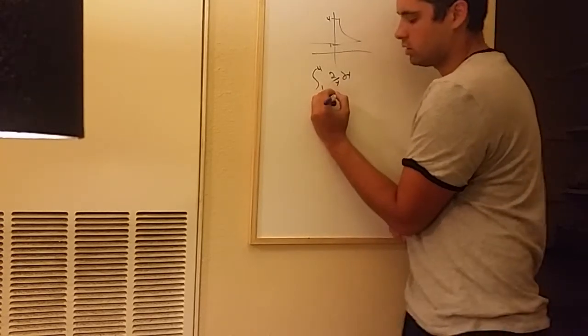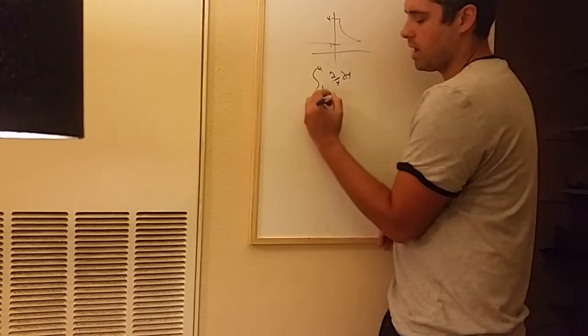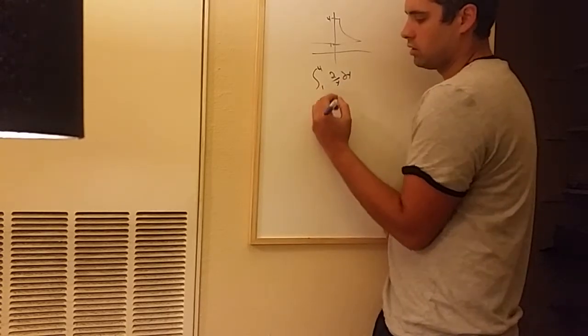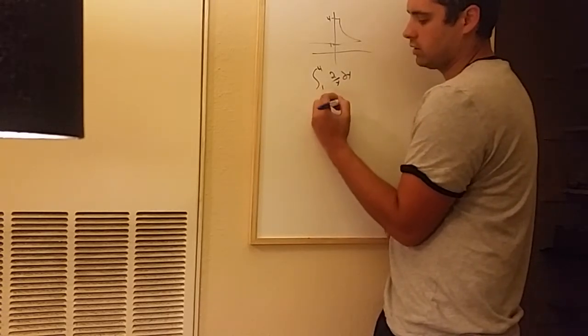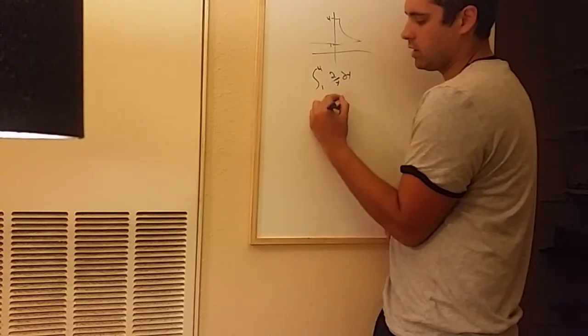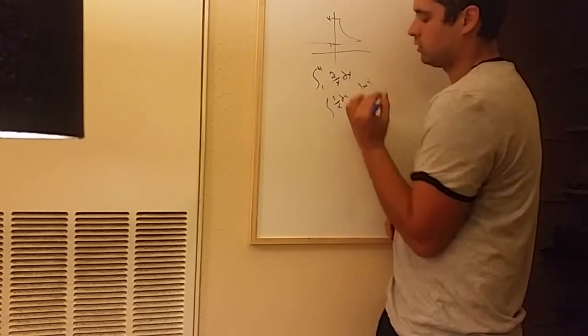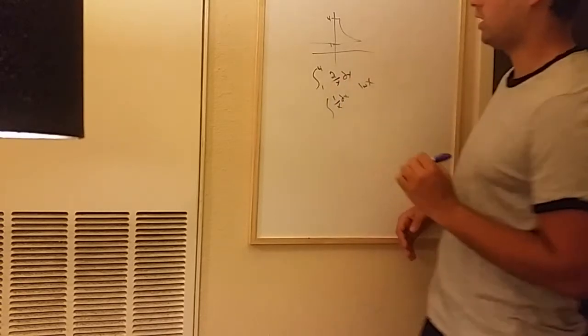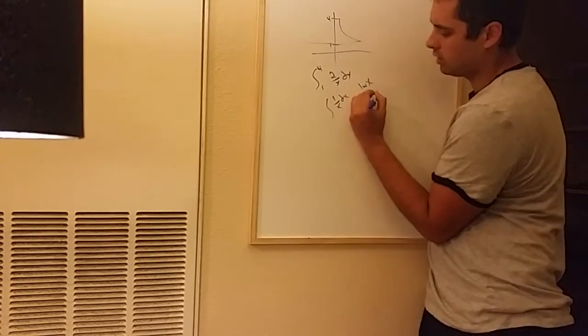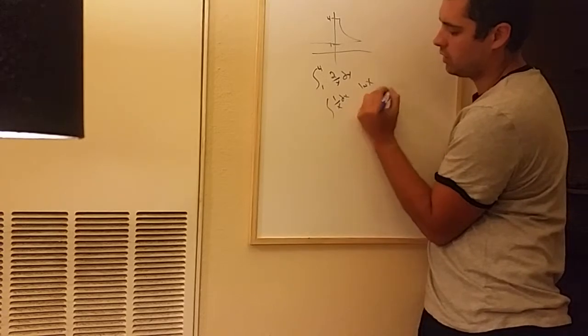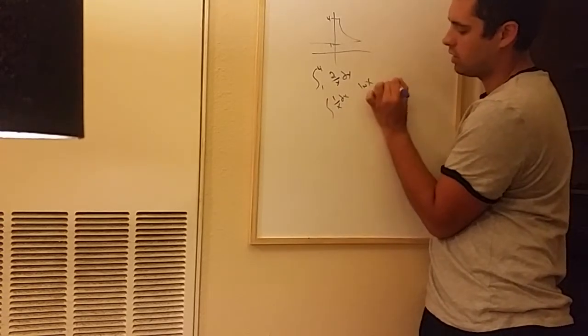It's like natural log, integral 1 over x dx is ln of x. Right? Because if I take dy dx, the derivative of ln of x, I'll get 1 over x.